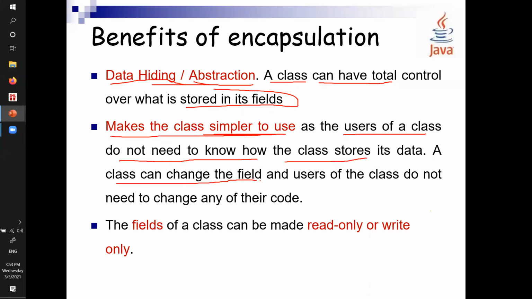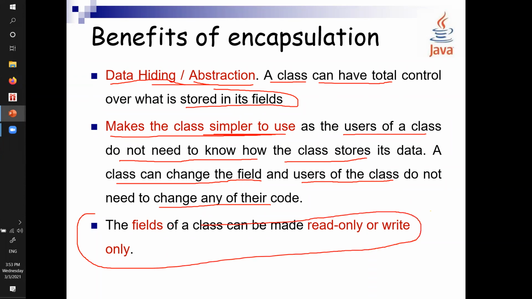A class can change the fields, and the users of the class do not need to change any of their code. To achieve encapsulation, this is very important. The fields of a class can be made read only or write only, or you can do both.